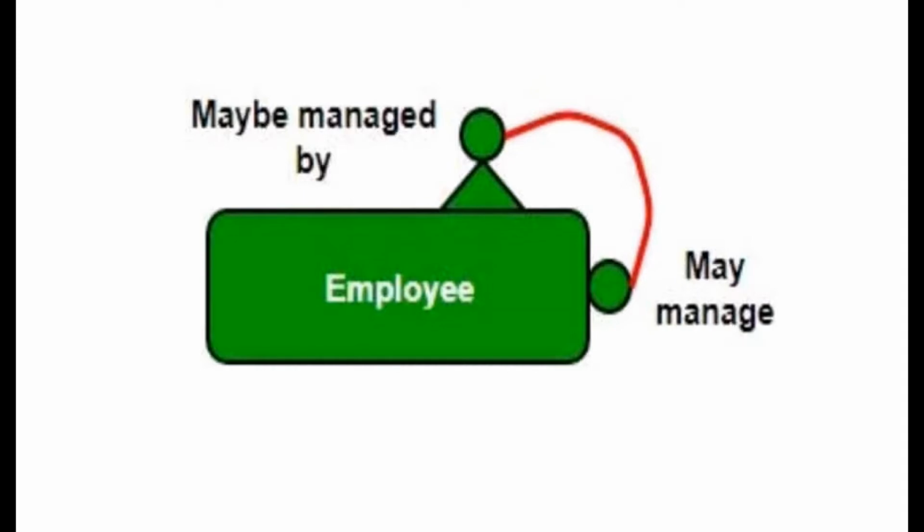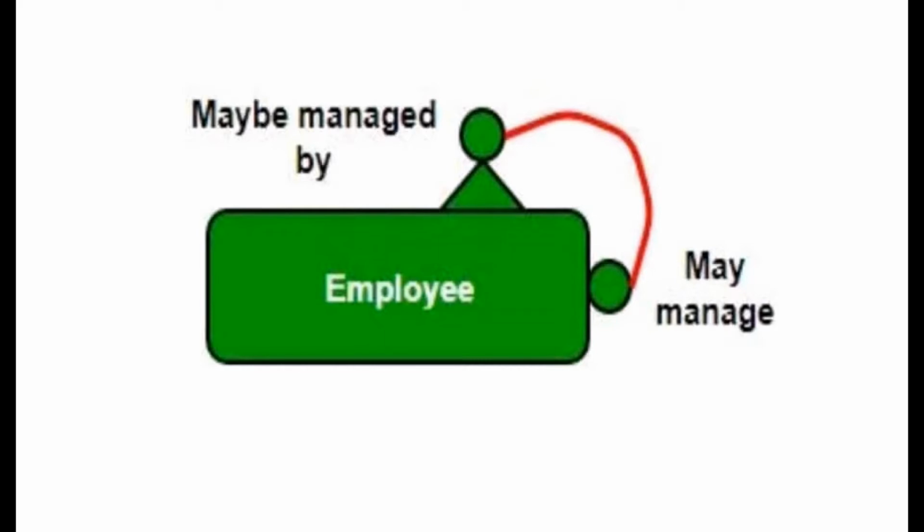Here the same entity type participates more than once in a relationship type with a different role for each instance. In other words, a relationship has always been between occurrences in two different entities. However, it is possible for the same entity to participate in the relationship. This is termed a recursive relationship.